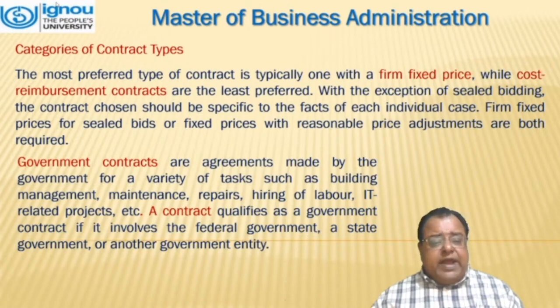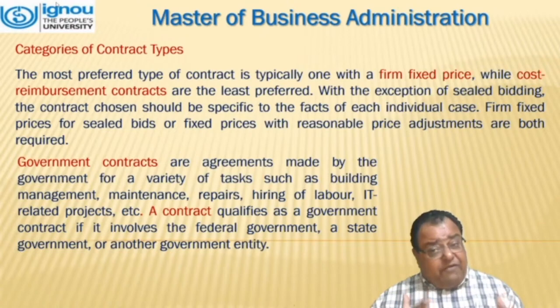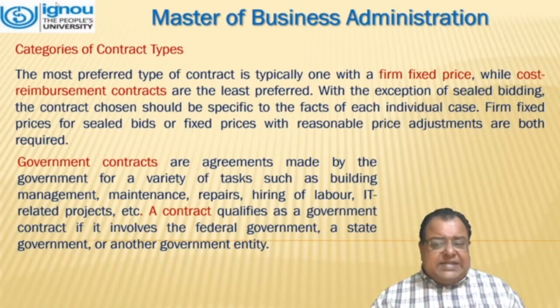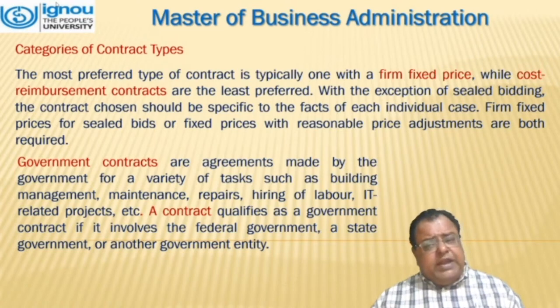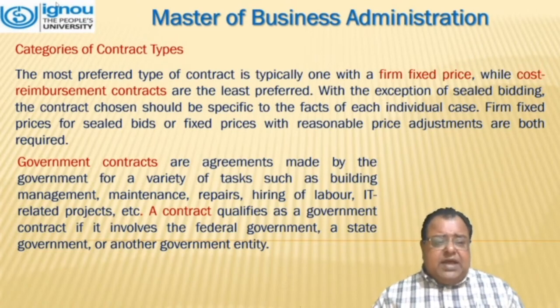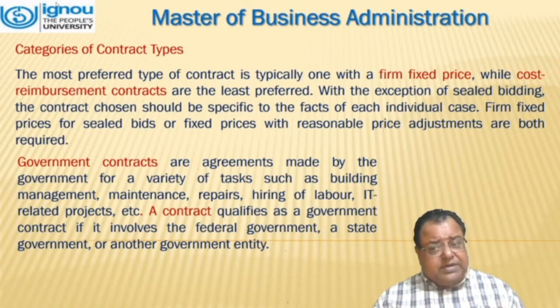The most preferred type of contract is typically one with a firm fixed price, while cost reimbursed contracts are the least preferred. With the exception of sealed bidding, the contract chosen should be specific to the facts of each individual case. For fixed prices, sealed bids or fixed prices with reasonable price adjustment are both required.